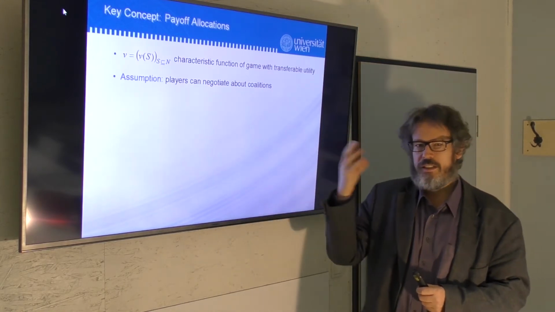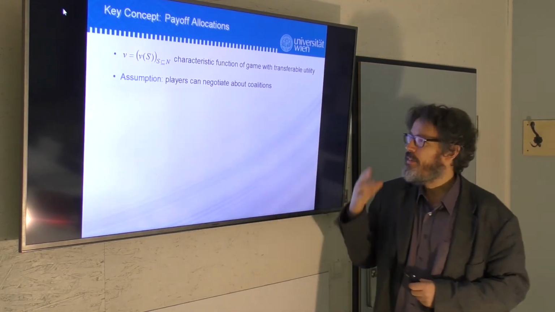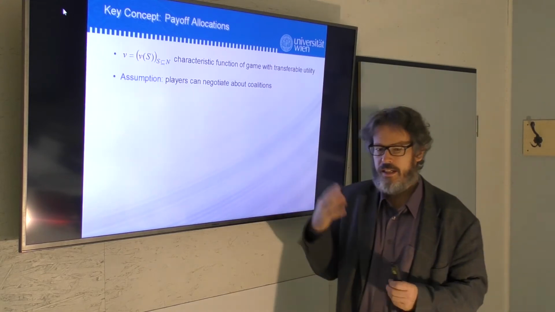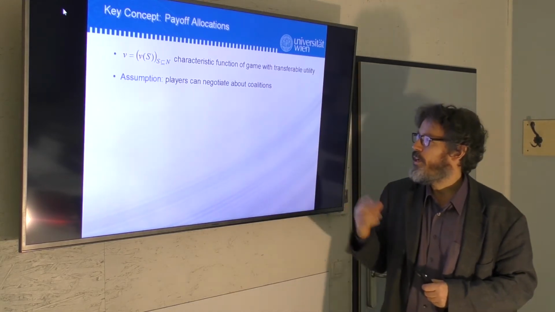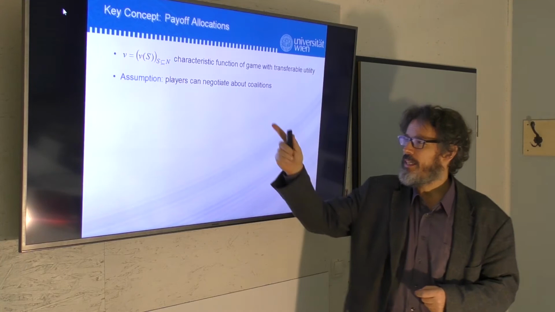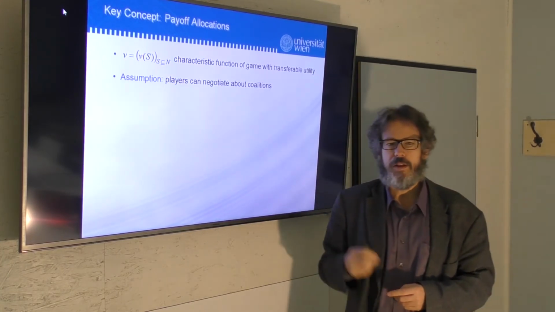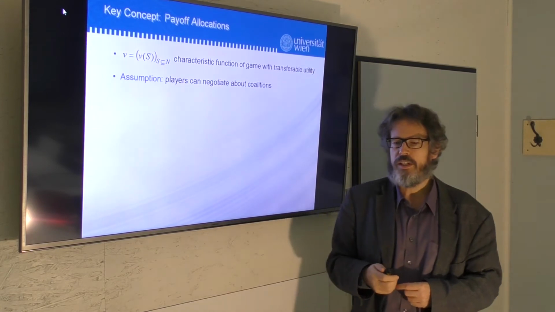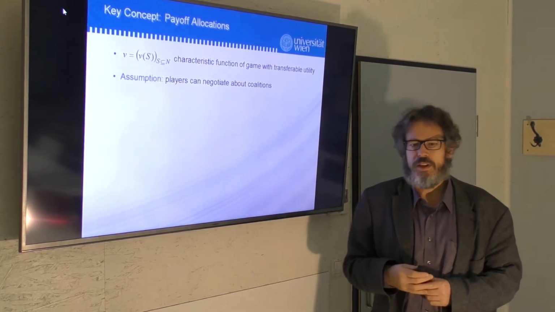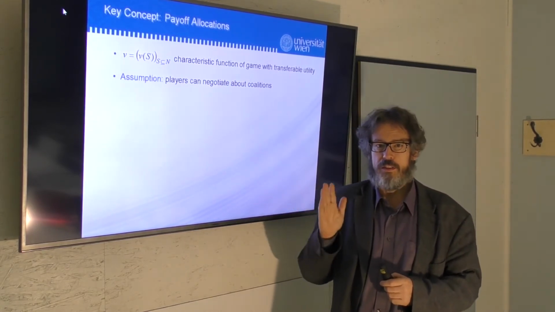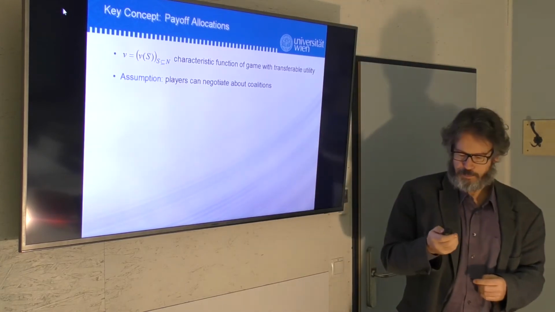And each such coalition gets assigned a certain value, and this is sufficient to characterize the whole cooperative game. The important assumption behind is that players can negotiate about coalitions, but they are also bound to their negotiation results. And this was the key difference between cooperative and non-cooperative game theory.